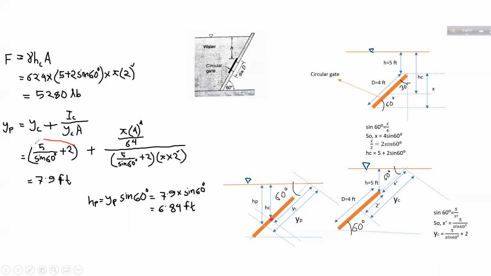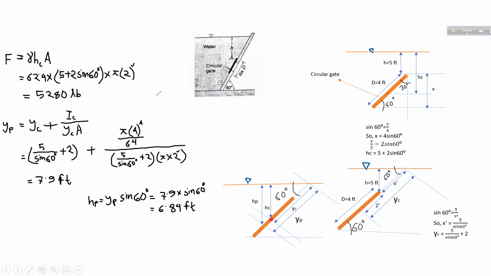Now put the value here. Then what is IC? IC is the moment of inertia of a circle with respect to its diameter, and the formula here is pi d to the power 4 by 64. So d is 4 feet. Put the value here, and you will get the value of IC.